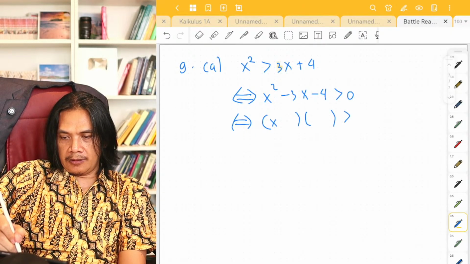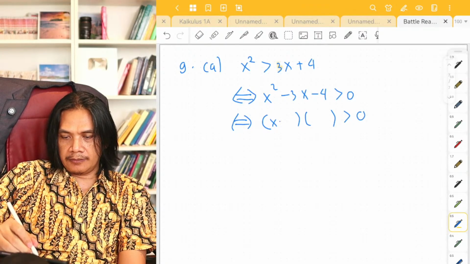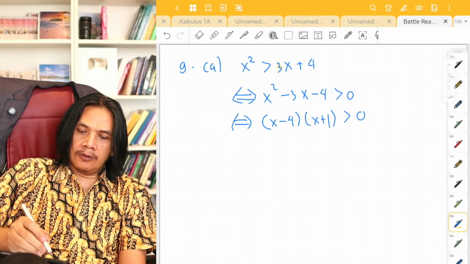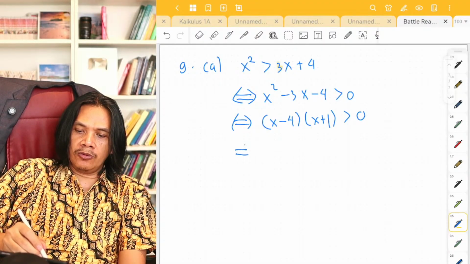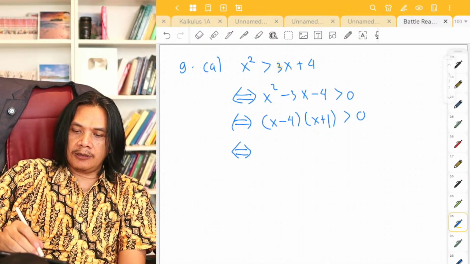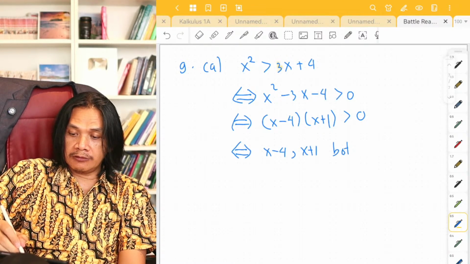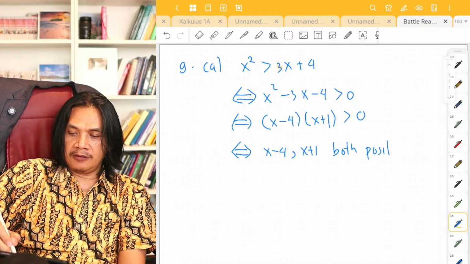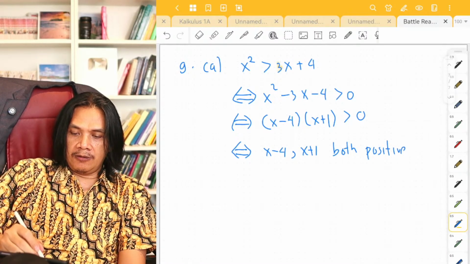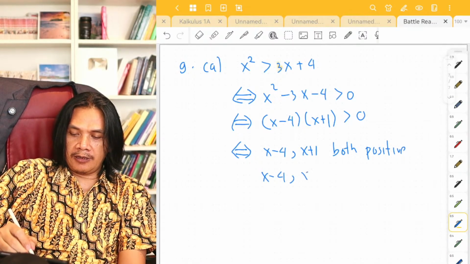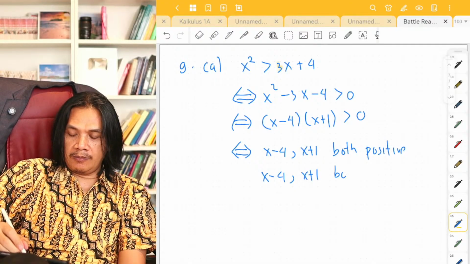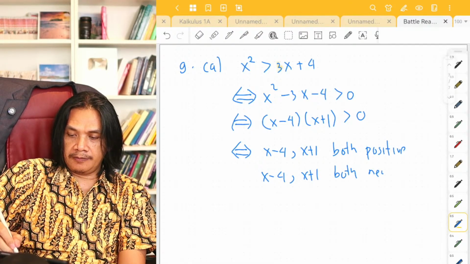And then we can factor. It becomes what? Negative 4, 1, right? x minus 4, x plus 1. Okay, so basically, x minus 4 and x plus 1 are both positive, or both negative.